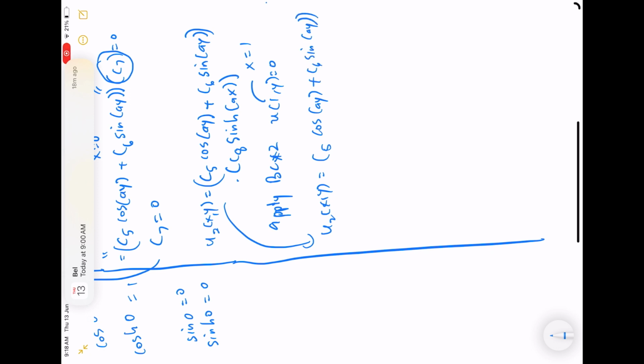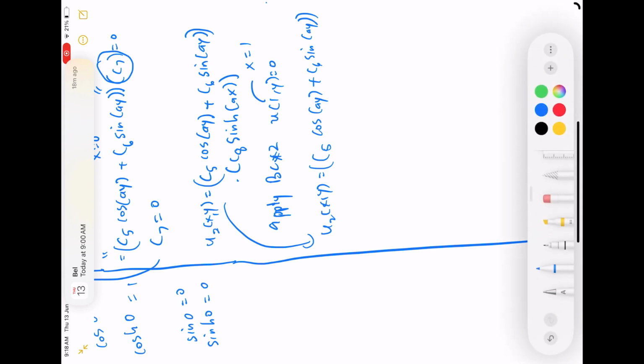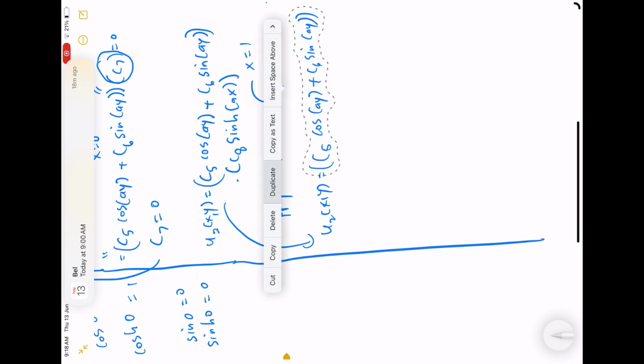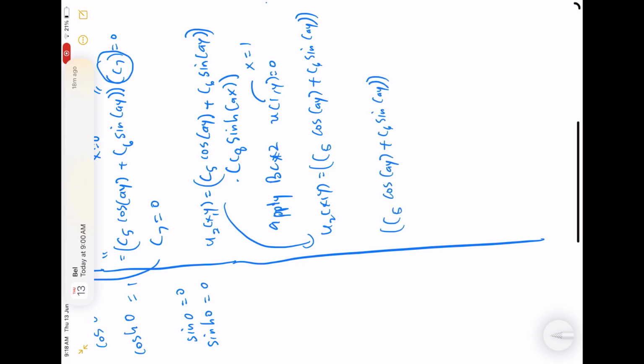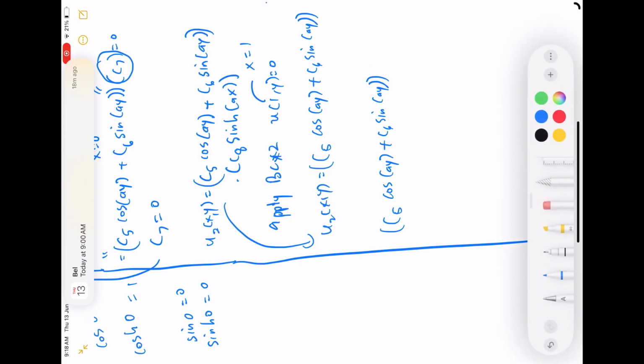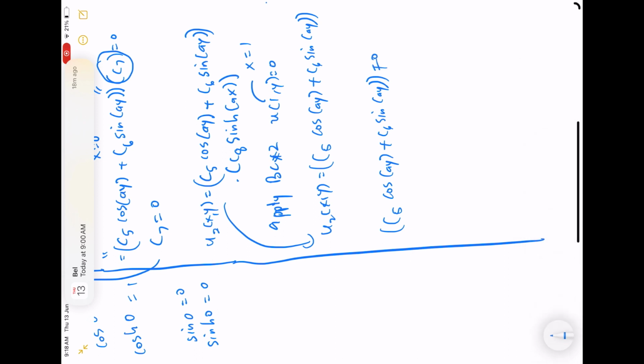This one they are not responsible to become 0. And then we have this part here, c8 sine ax. So our x is now equal to 1.